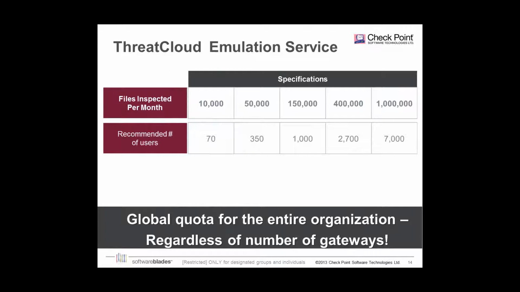Now, there are 2 ways the product can be released. There's a threat cloud service, or there's an on-premise appliance, so the public cloud or private cloud. To give you an idea, again, we can discuss this later on, but what we offer is a service where, depending on the number of files you would like to be inspected per month across your entire organization, you can pay Checkpoint a monthly fee for that service.